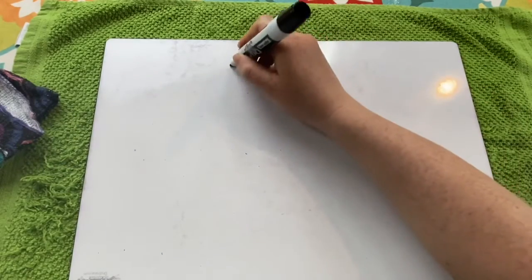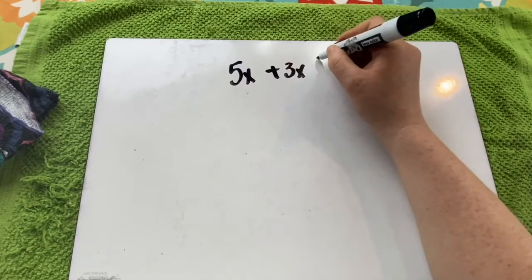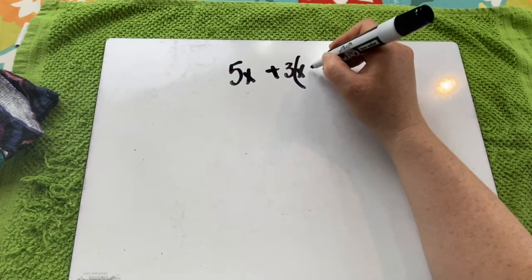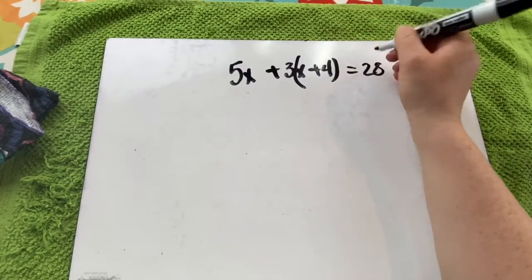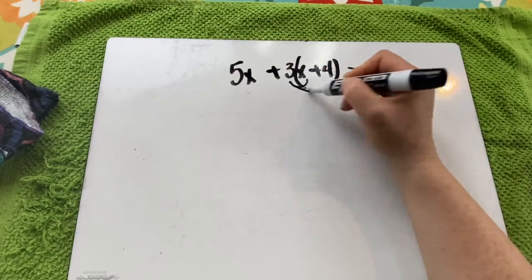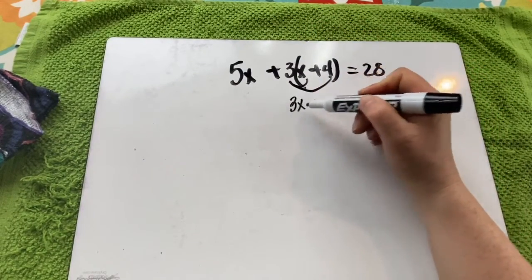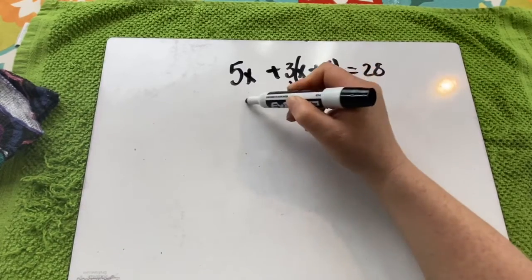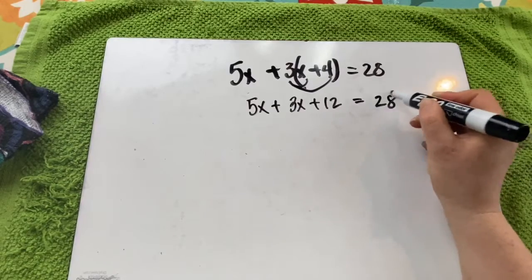Okay, so I have 5x plus 3 times 4x plus 4 equals 28. So what they did tell you to do on this one is distribute first because there's other stuff on this side. So I have 3x plus 12, 5x equals 28.